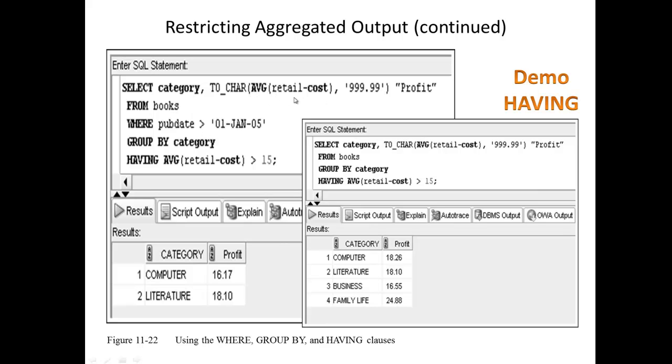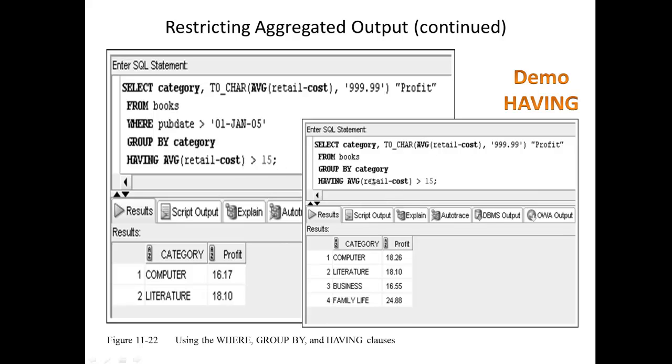Average of the retail minus the cost, our output format, we're going to call it profit. It's coming from the books table, where the publication date is greater than the first day of January of 2005, group by category, having an average retail minus cost, in other words our profit, greater than 15.